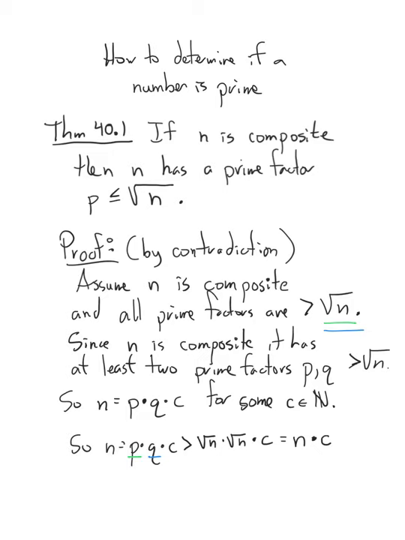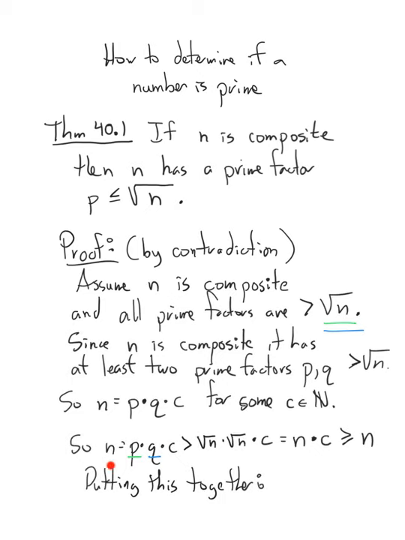And we know c is a natural number, so if I don't multiply by c, well, I get something at least as small as n. Okay. So, putting this together, what did we show? This is wild.